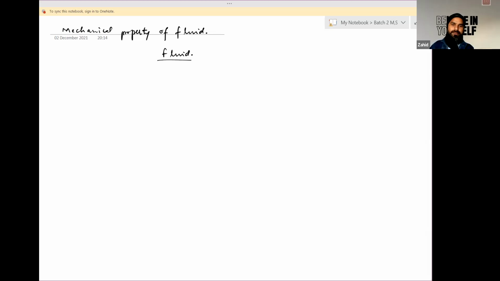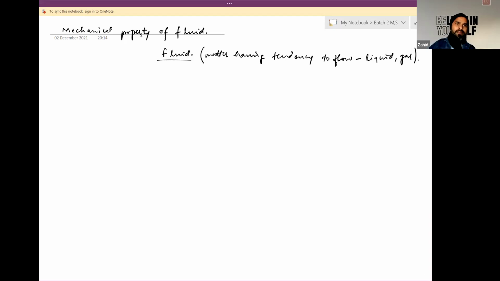You'll say the substance having the tendency to flow is called fluid. Matter having the tendency to flow, just like liquid and gas.